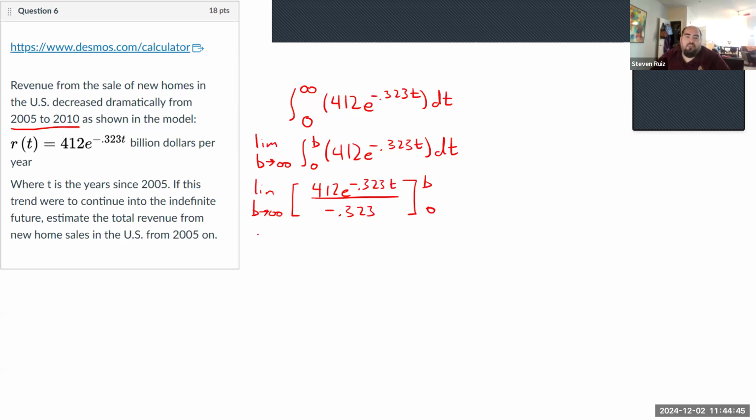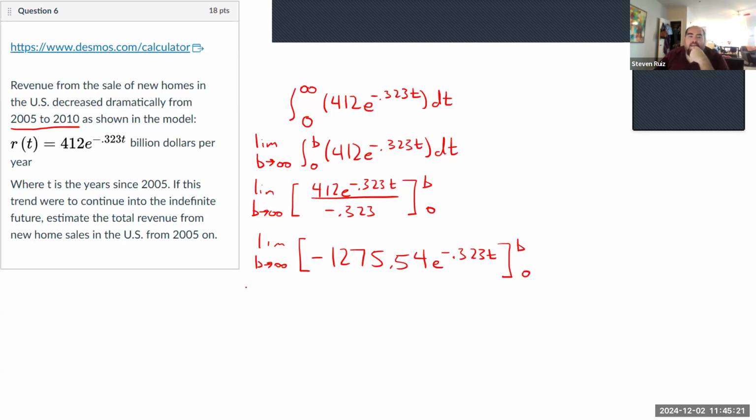The limit as b goes to infinity of negative 1275.54 times e to the negative 0.323t from 0 to b. I think from here I don't need a calculator anymore, because I can think about what happens as e goes to 0, or as e goes to infinity.